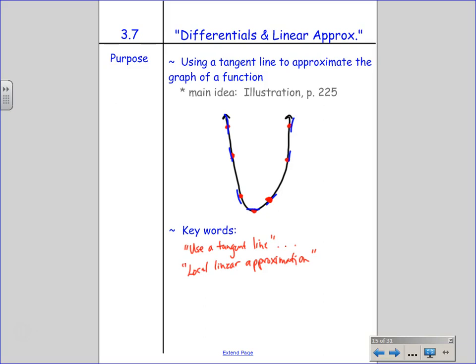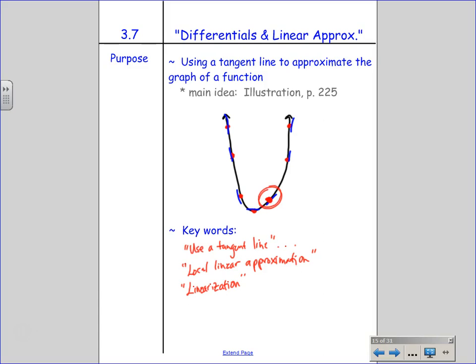I've also seen directions say linearization. But all of this points back to the idea of tangent line approximation: using a tangent line very close to the point of tangency to approximate.